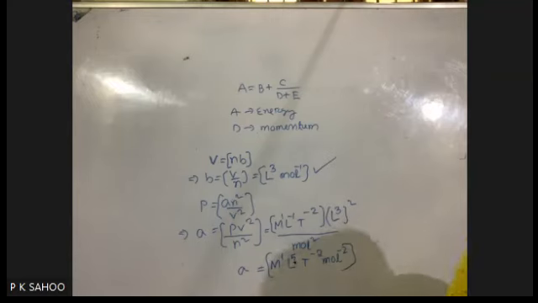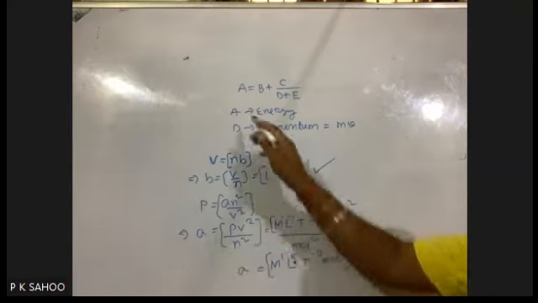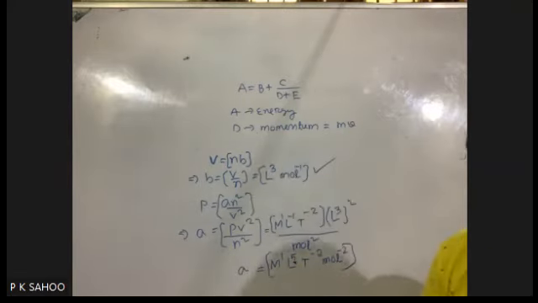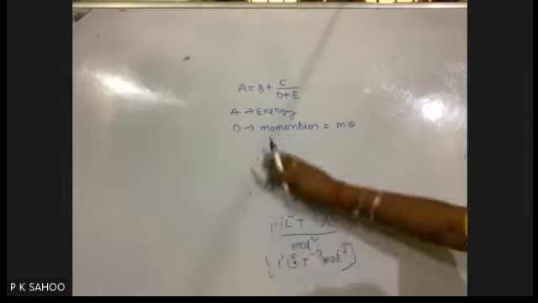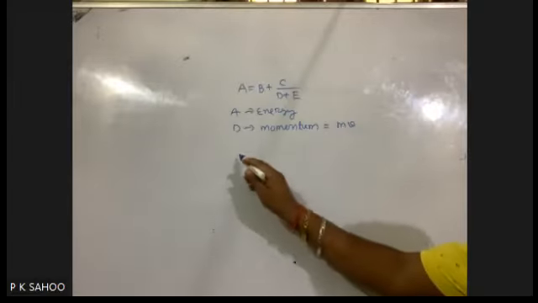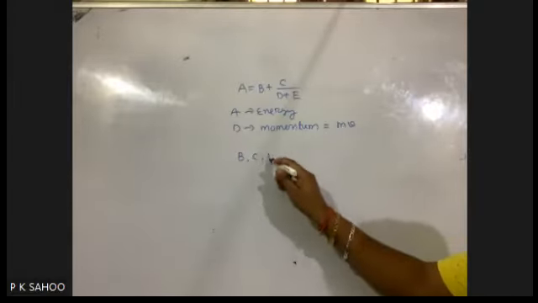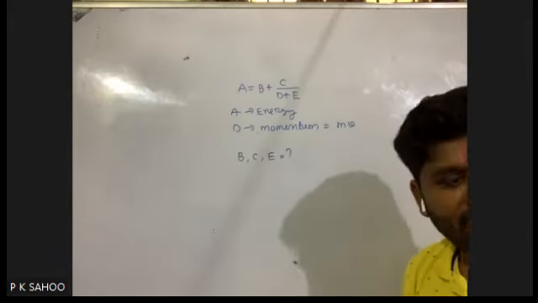Yes, sir. Okay, still I'm writing here. This is the momentum. So this is the question: A is equal to B plus C by D plus E. A is energy, D is momentum. Find the dimensional formula of the other quantities like B, C, and E. So this is the homework for you.